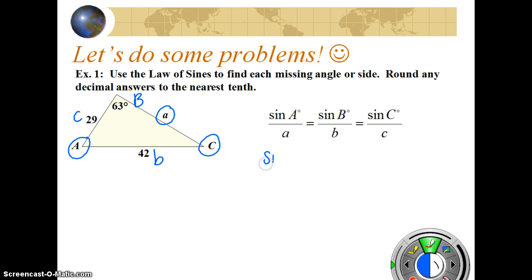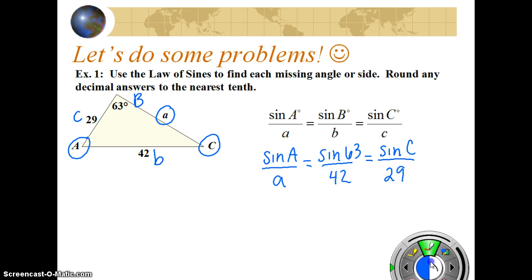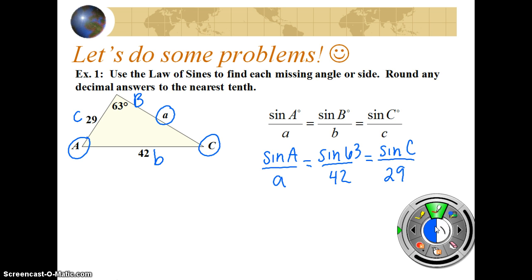I do not know the sine of A or side A. This is going to be the sine of 63 over 42 and the sine of C over 29. Now, we can use any two of these fractions to figure out a missing piece of information.